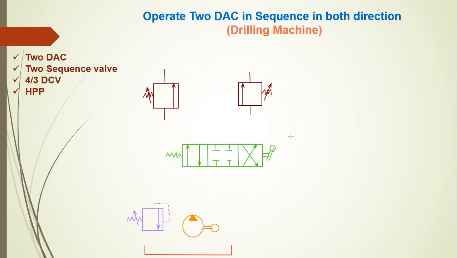For a sequence valve, one check valve is attached. Here is one check valve, and also attach this check valve parallel to the sequence valve.